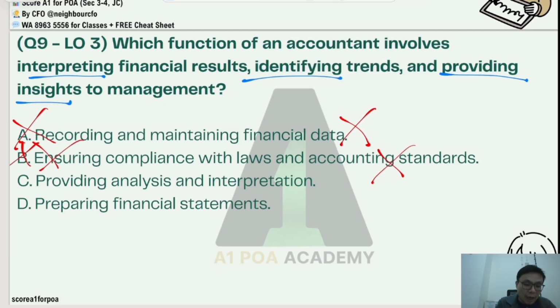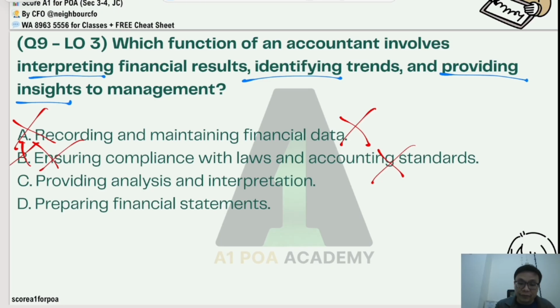B, ensuring compliances with the law and accounting standard. Of course, we know that this is not part of the core processes of accounting. This is the after process whereby with all this information, you ensure that you are on the right track as far as compliances imposed by the government are concerned. C talk about providing analysis and interpretation.